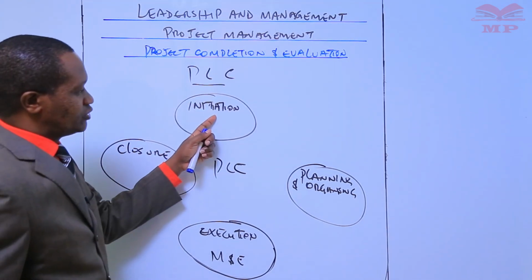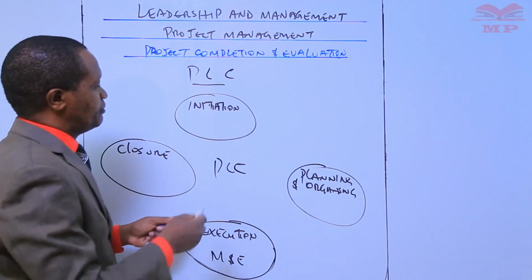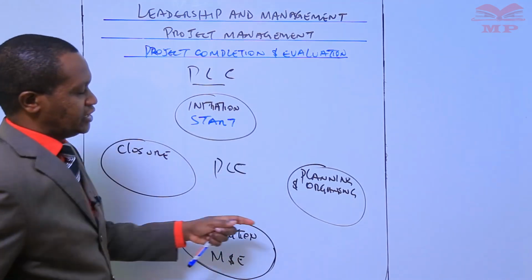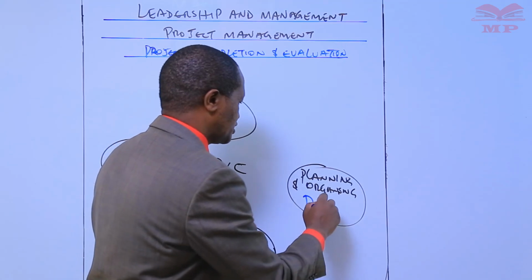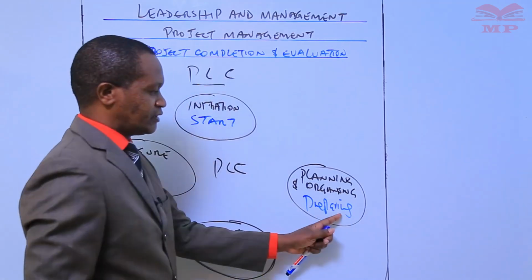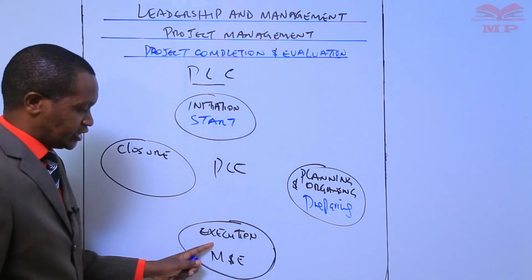There is the initiation. This is the starting of the project. There is organizing and planning. This is the preparation of the project. Then after preparing through planning and organizing, the project is executed.